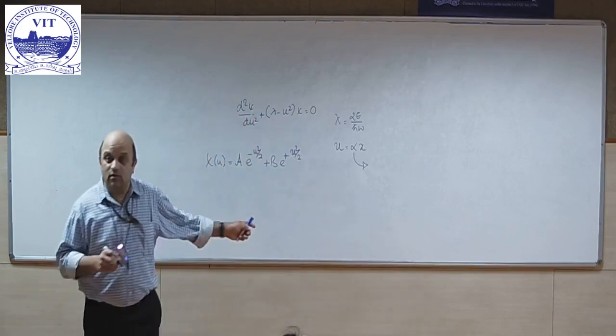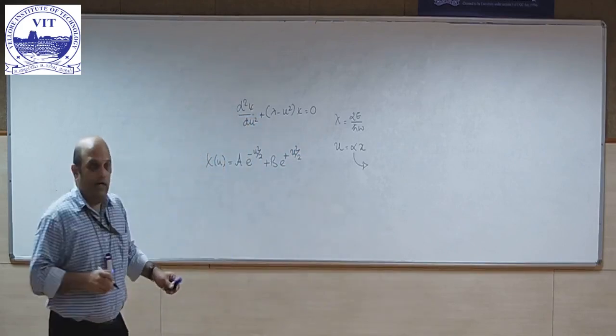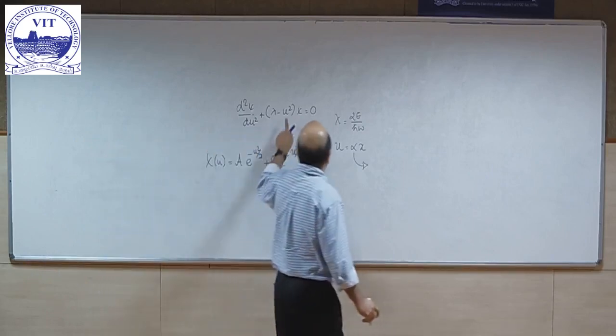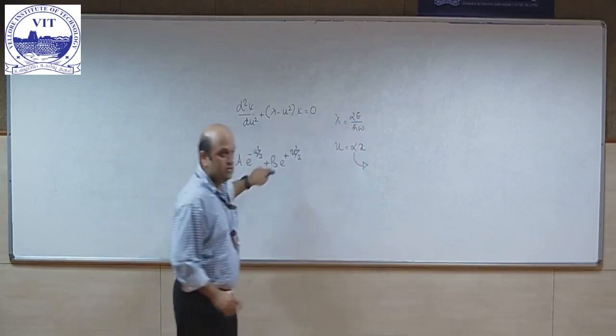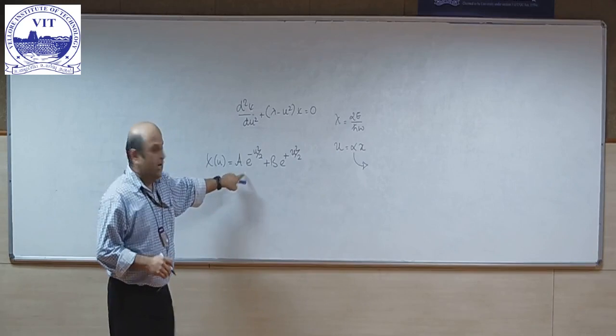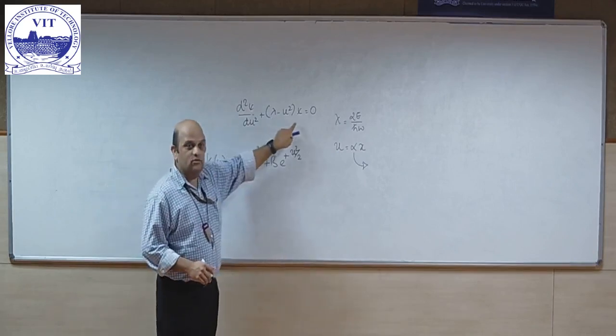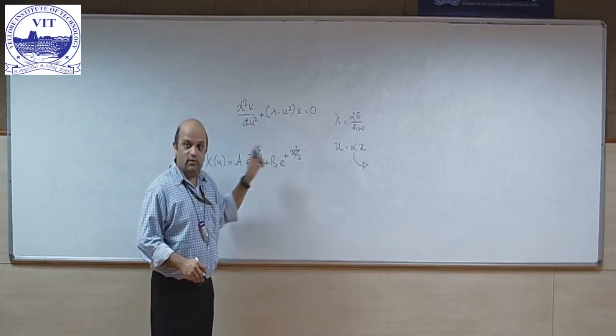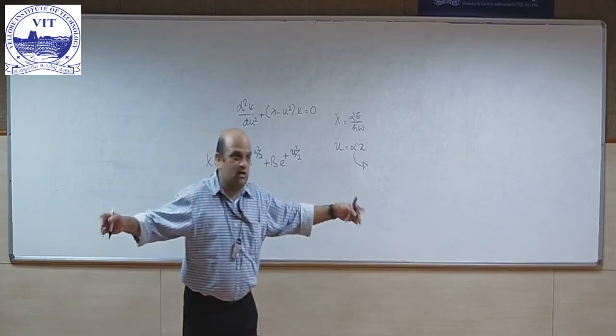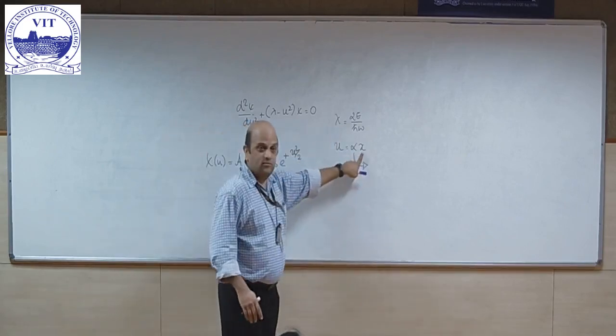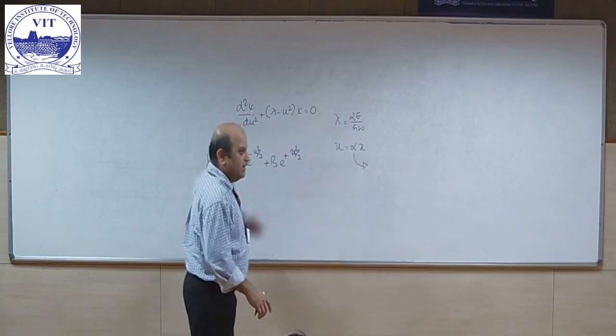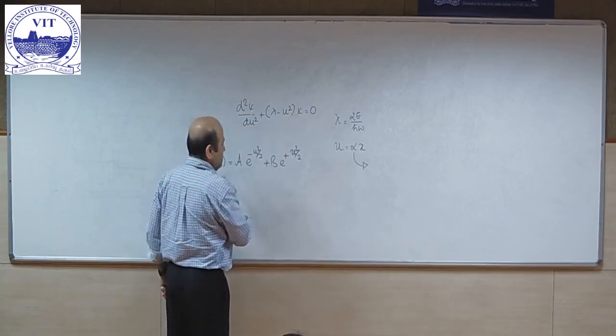That's the general form. For large values of u, this equation comes into the picture. I neglected this lambda because I assumed the solution for large u. Large u means large amplitude. In that simplification, you will get this equation.